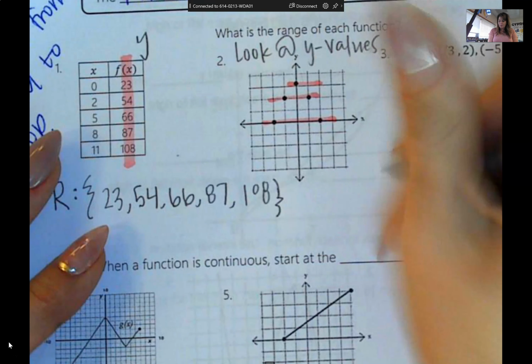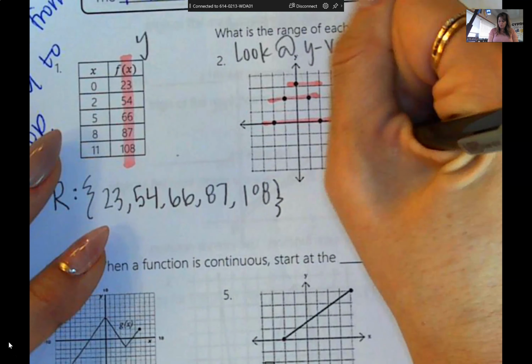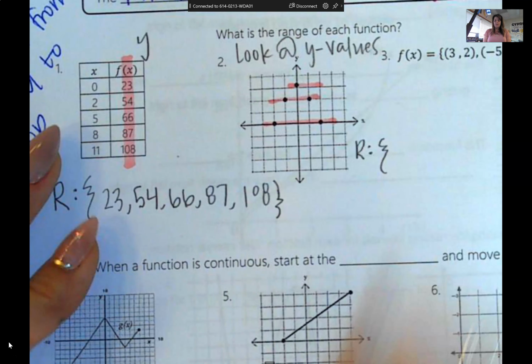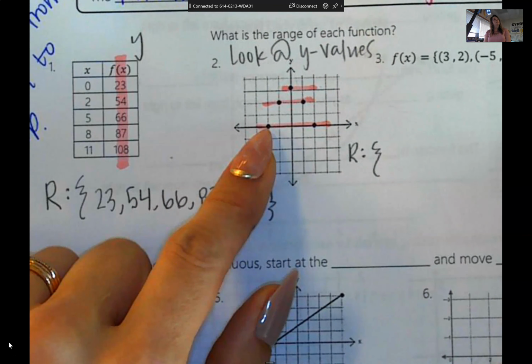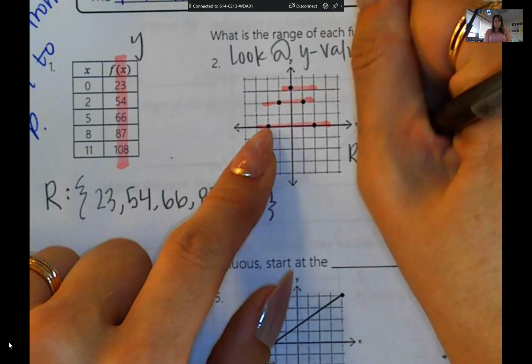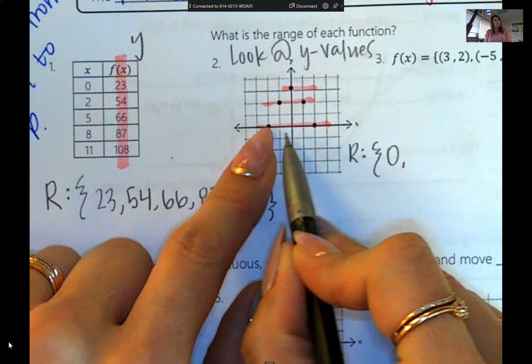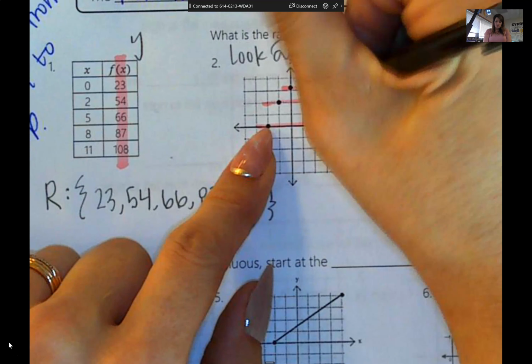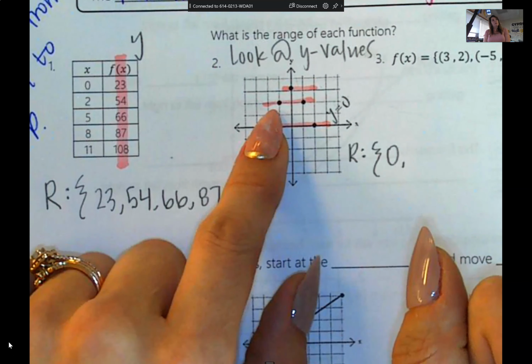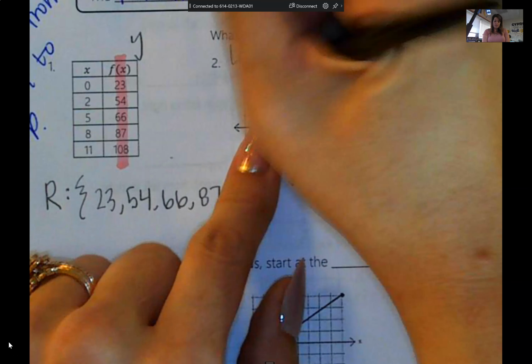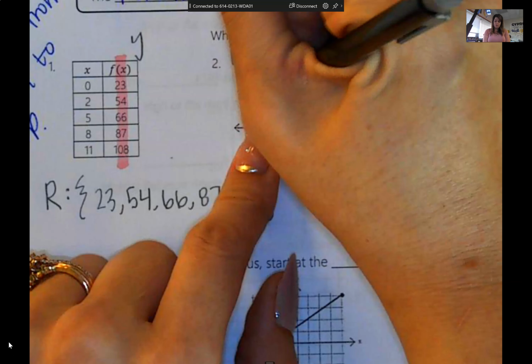This time our range can only be three numbers. We start at the lowest number, so start at the bottom. That's 0. This is a y of 0. Then we move up by 2, so this is a y of 2.